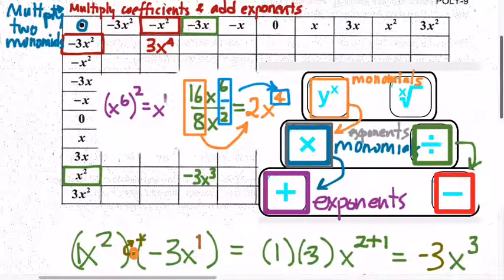X to the 12th. And another way to see that is, again, to rewrite this, x to the 6th squared. What does it mean to square something? It means to multiply it by itself. So x to the 6th squared is the same as x to the 6th times x to the 6th. And now we're multiplying, and when we multiply two monomials together, what do you do to the exponents? Add them. So it's x to the 6th plus 6, which is x to the 12th, right?